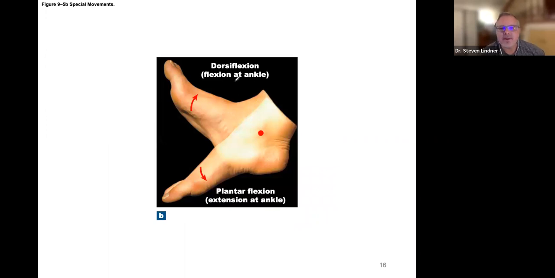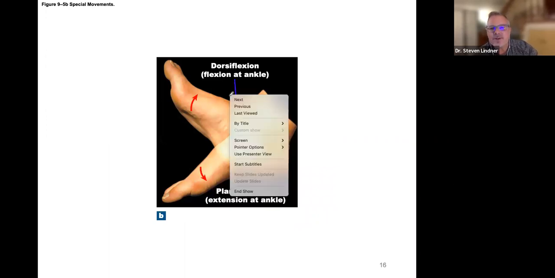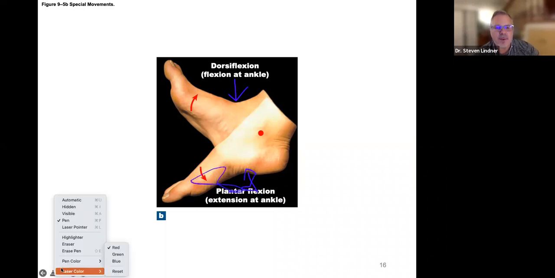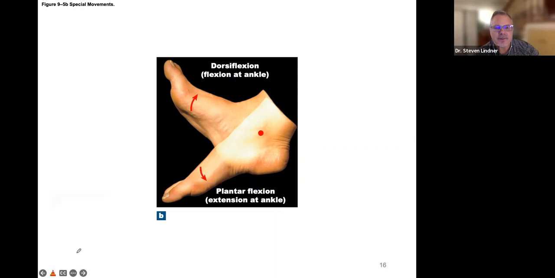Also at the ankle, we have dorsiflexion at the ankle, and then we have plantar flexion of the ankle. So plantar flexion of the foot is when your toes are planted downwards. And then when you're walking on your heels, that's dorsiflexion.